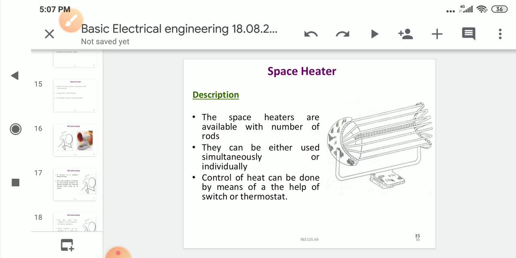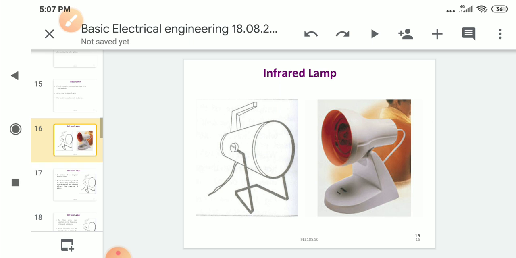It is also an electric device which emits infrared radiation and is commonly used for heating, to treat some diseases and to cure some pains. It is used in medical treatments, and in hospitals as pain relief also. Let's see its application, its construction and its working.